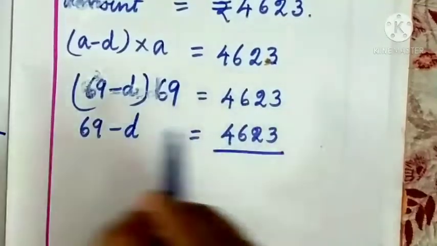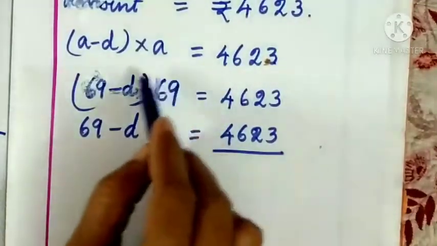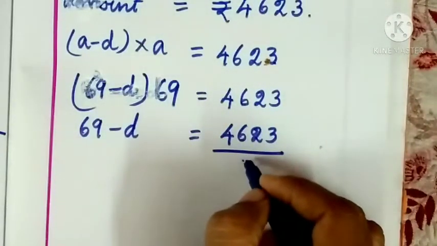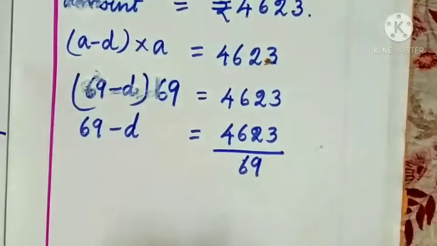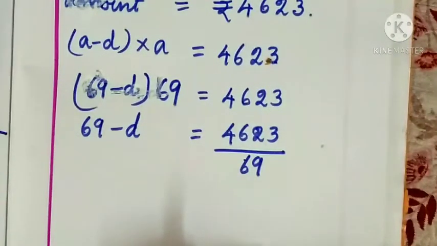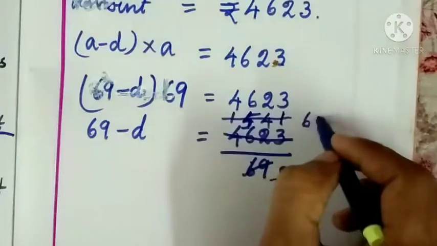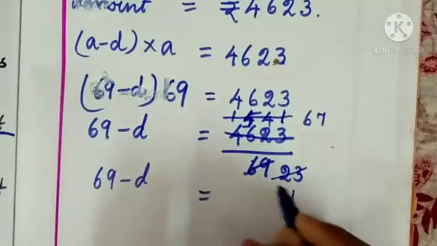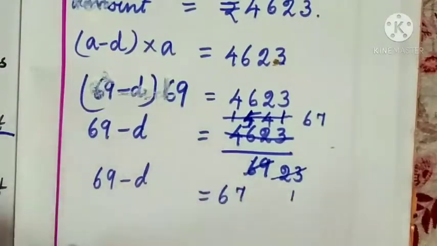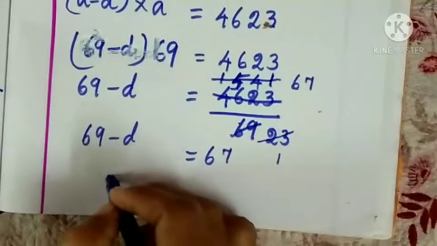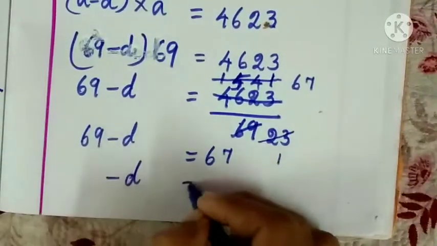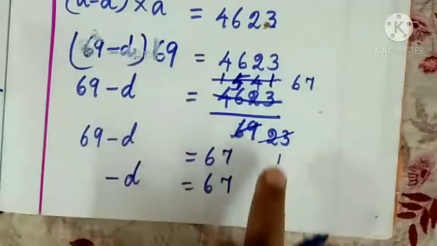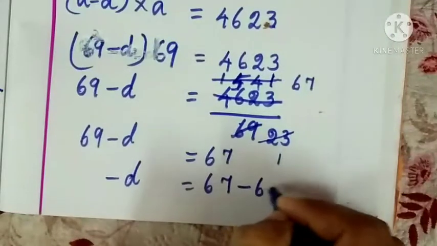Now, 69 minus D is equal to 4,623 by 69, transposing this 69. After the equal sign it becomes divide. Now, you have to cancel this, and we get 67. So, 69 minus D is equal to 67. That is, minus D is equal to 67 minus 69.